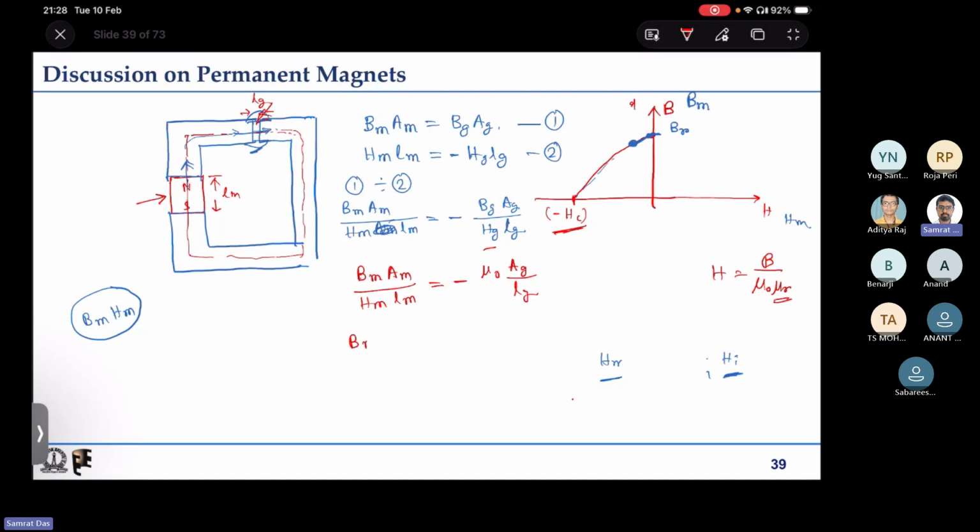If we take it to one side, Bm by Hm is equal to minus mu naught into Ag into Lm divided by Am into Lg.